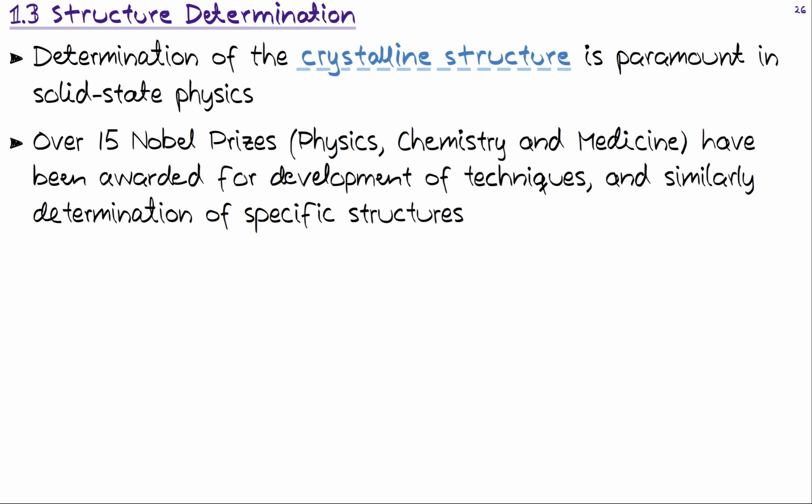And this is very important. So development of techniques, and similarly using these techniques to determine the structures of specific substances. I will have a table on the next slide showing you an example of these prizes.